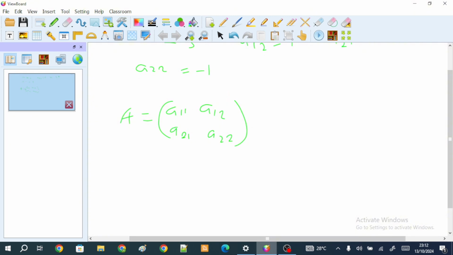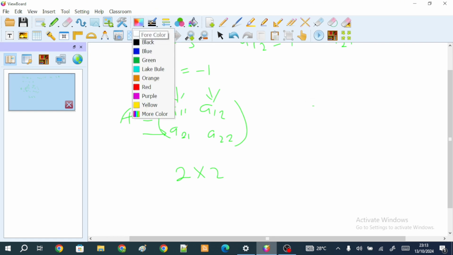Here we have 2 rows, row 1 and row 2, and then we have 2 columns, column 1 and column 2, which means this matrix has 2 rows and 2 columns. So we'll call it a 2 by 2 matrix. Certain times we might have a matrix that is not 2 by 2.